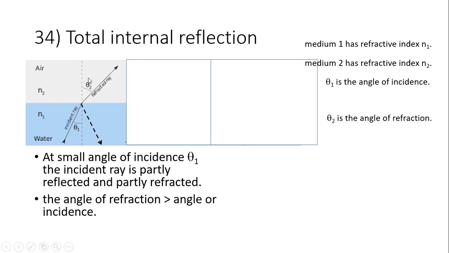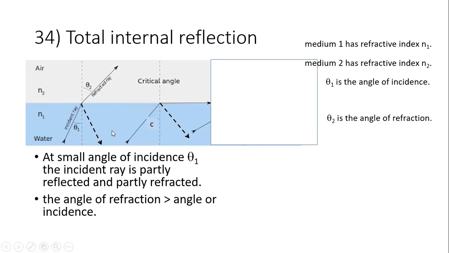Remember that you are coming from N1 greater than N2, so the angle in air is going to be larger. The angle of refraction is greater than the angle of incidence. So as we increase theta 1, theta 2 will increase.